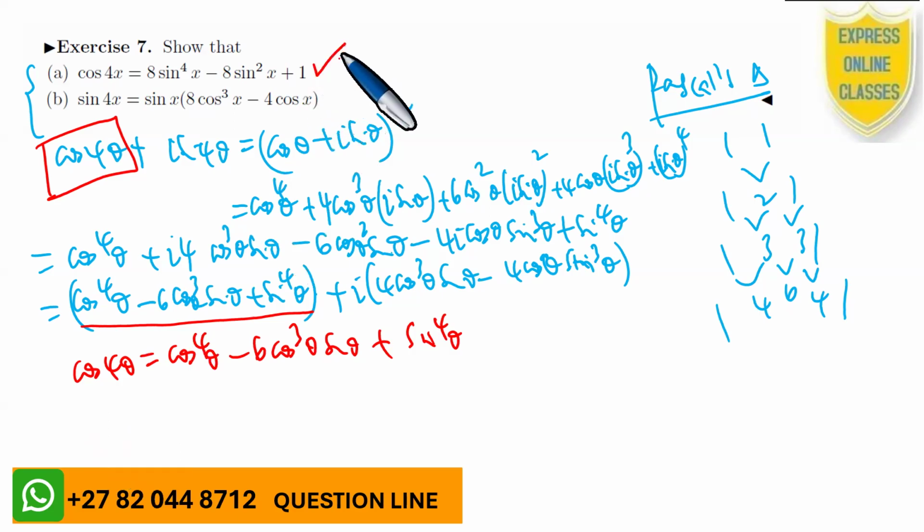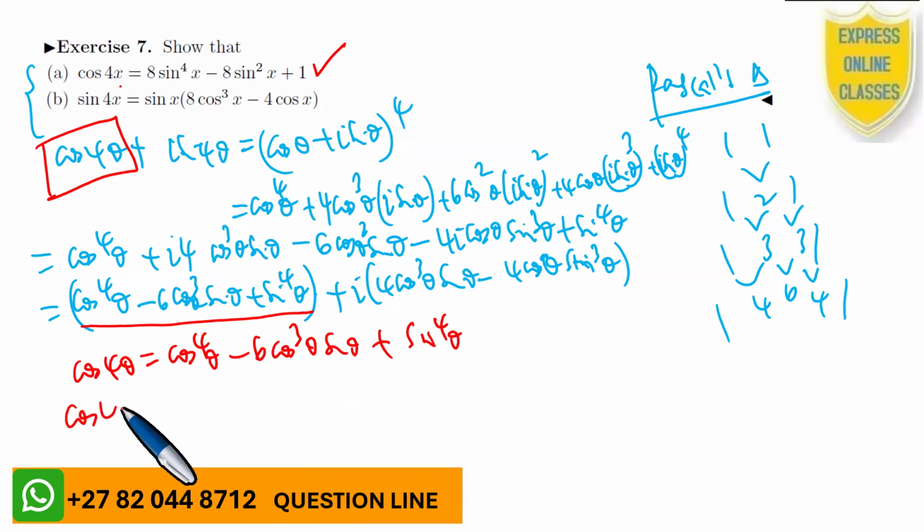But you can see that this one is written only in terms of theta, it's the same thing, you can change theta to x. But this one now must be in terms of sine, so you must change the cosine to sine, because everything here is in terms of sine. So you can do this.